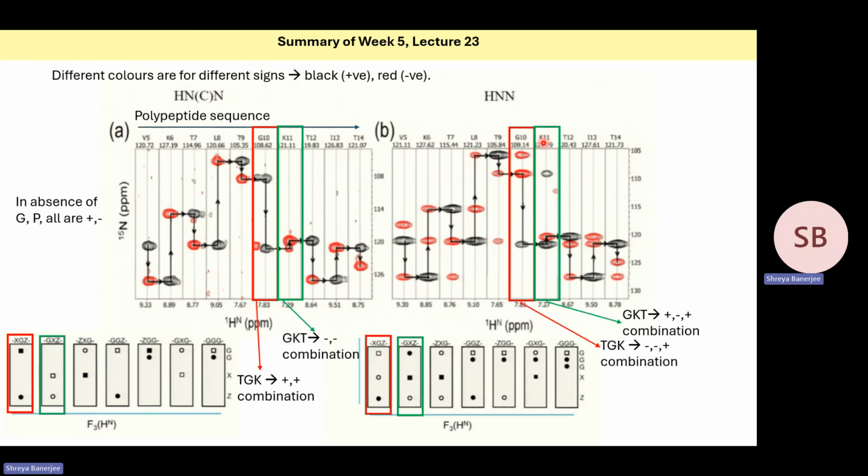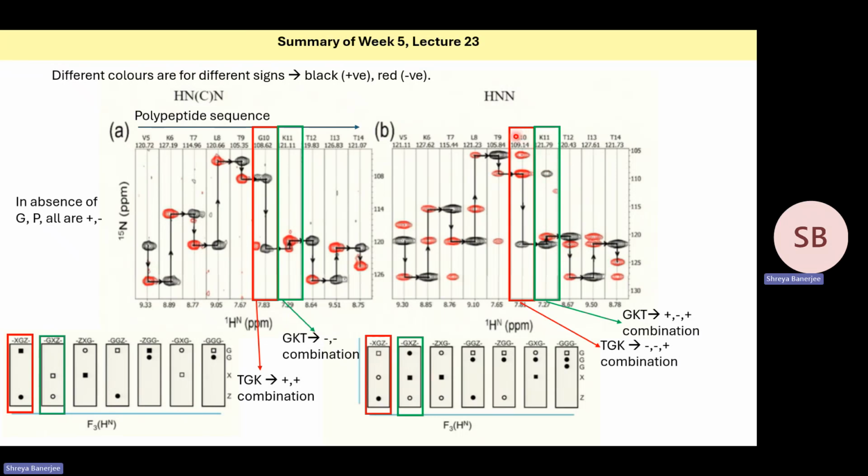Similarly, if you look at this green rectangle, the amino acids are GKT, so you have glycine in the beginning. In this case, the sign pattern will be exactly opposite: in the previous case you had two red and one black, and in this case you have two black and one red.